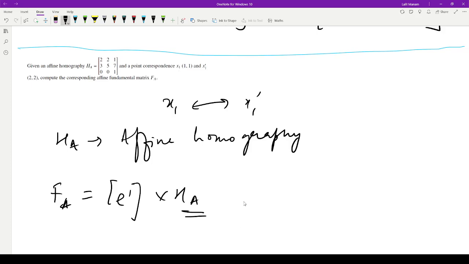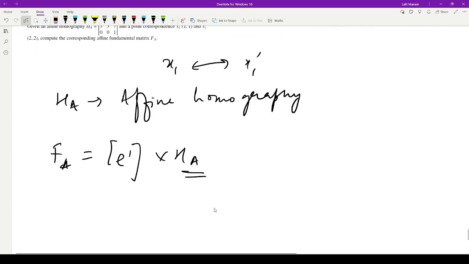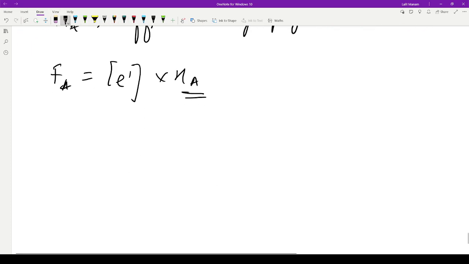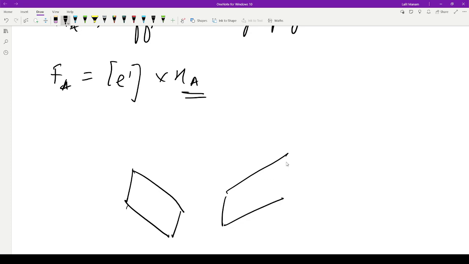Simple, right? We are given point correspondences again. Whenever you're given point correspondences, you can make use of them. You are given x1 prime here and x1 here, and you can map x1 with Hx1.